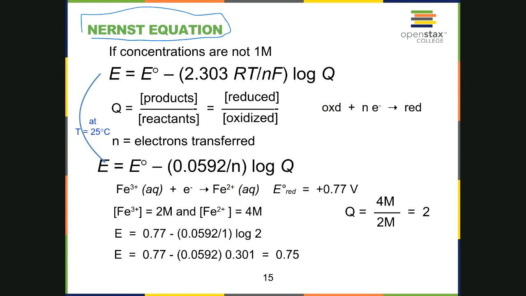And we've got two versions of it. The first one is what you're going to use if the concentration is not 1 molar, and also if the temperature is not 25 degrees C. Now, if you were going to use this equation, you would have to put the temperature into Kelvin. Okay?